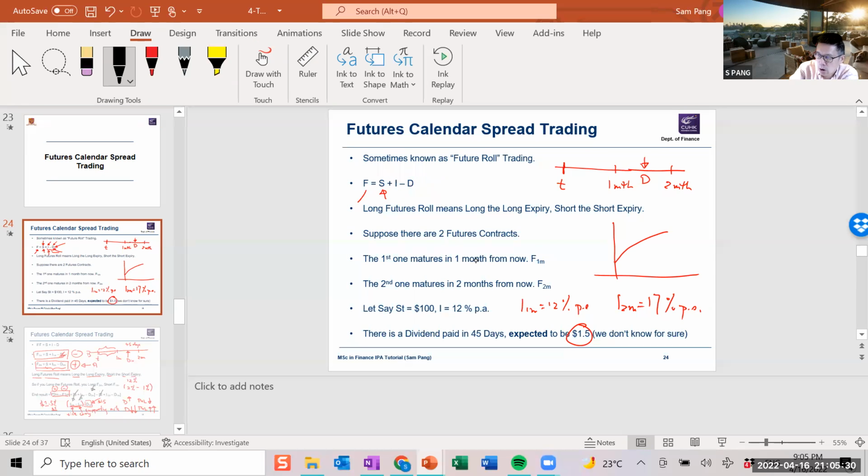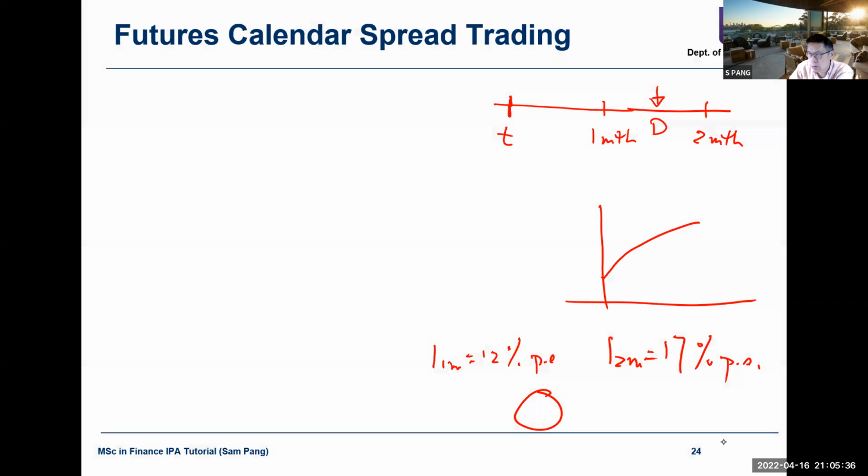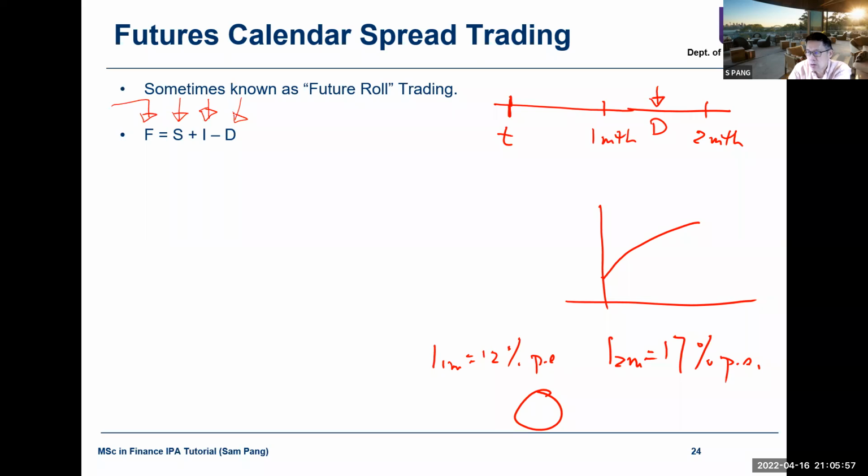I know that you are encouraged to use continuous compounding in your midterm, and please do so, okay? But here, I'm going to make it really simple. So the forward price is equal to the spot price plus the interest cost or the interest rate minus the dividend.